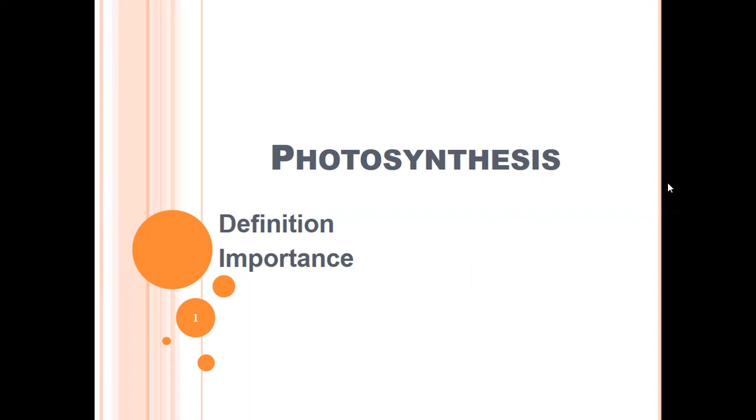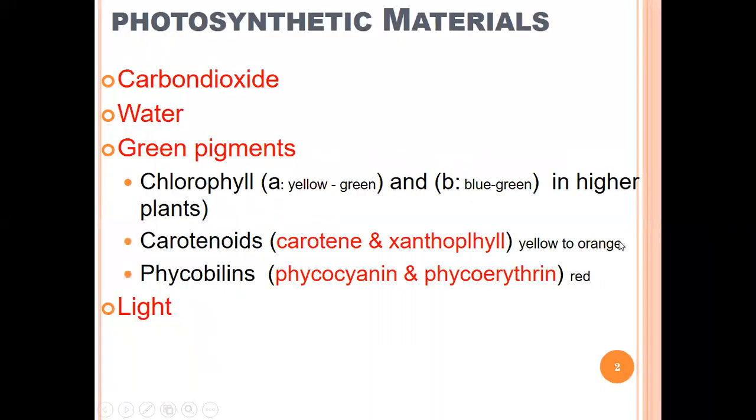In talking about photosynthesis, there are basically four materials that are required in the process of photosynthesis. These are carbon dioxide, that is number one. And carbon dioxide is very important because it is the carbon dioxide that is being reduced in the process of photosynthesis to produce carbon compounds, the organic compounds that are the products of photosynthesis, like the simple sugar, the starch, the sucrose for various types of plants.